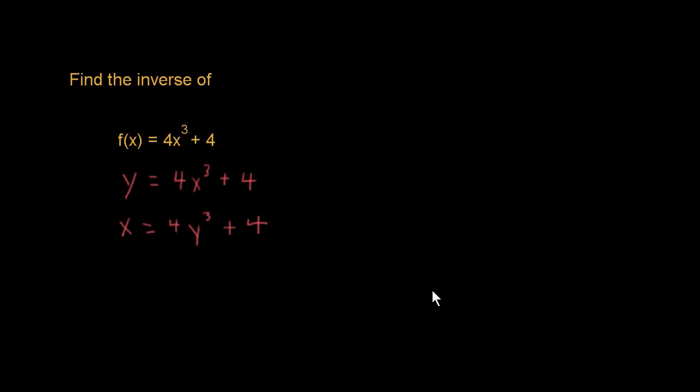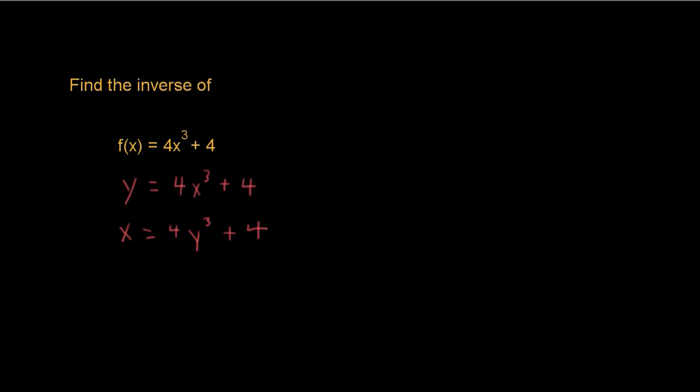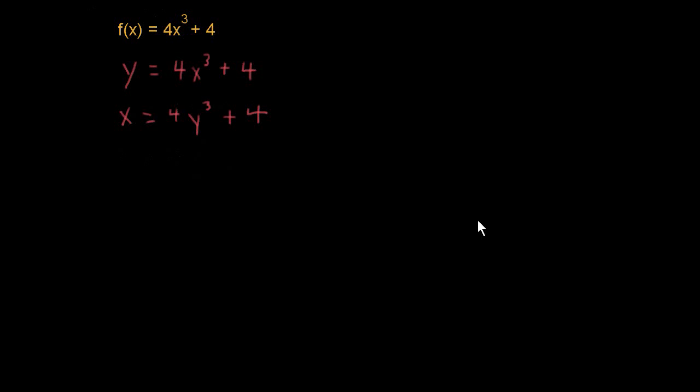Okay, welcome back. I believe what you should get for your answer is, let's compare, I think you should end up with y equals the cube root of x minus 4 over 4.